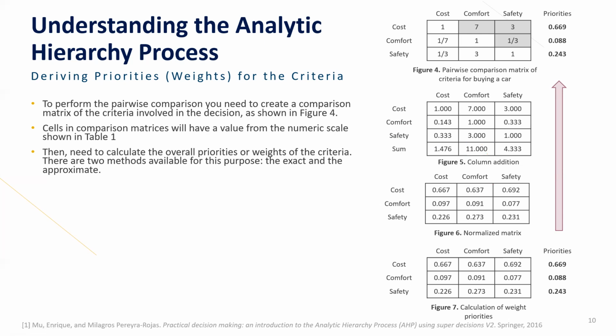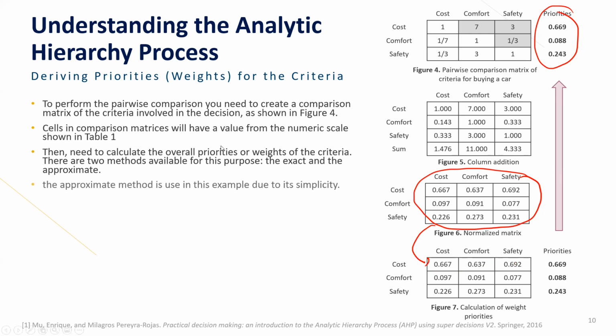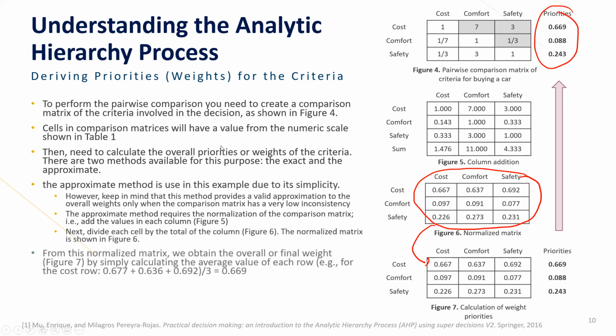After you get the normalized matrix, we can use it to calculate the priority that we want. You see, here is the normalized matrix, the one from your calculations. Then you calculate the average of each row.